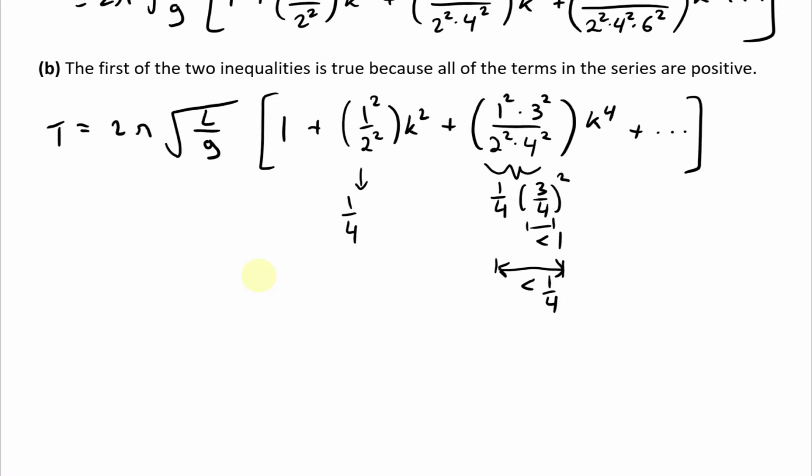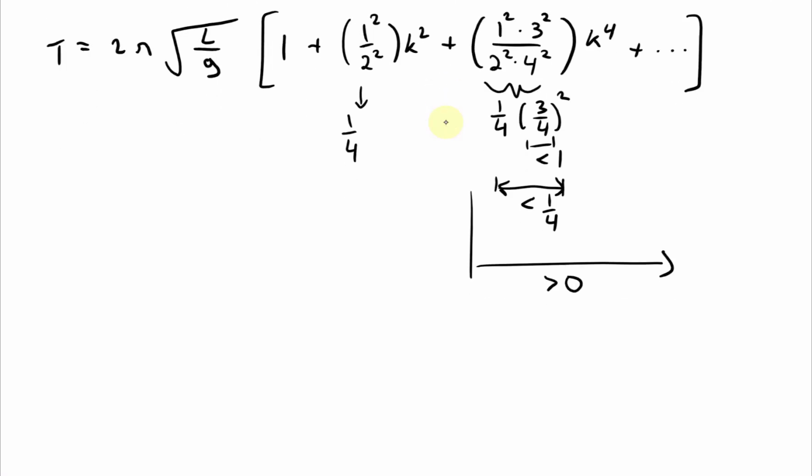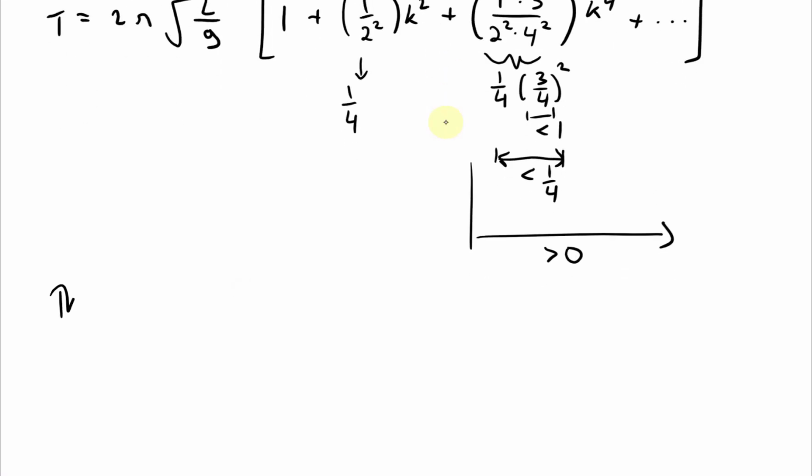The next thing is, from here on, these are all positive, the whole thing's positive. So when you add more positive terms, the actual value is going to be greater than when you only take the first two terms. So thus, this is the first part of the inequality: t is greater than or equal to 2 pi times the square root of L over G times 1 plus 1 over 4 k squared.